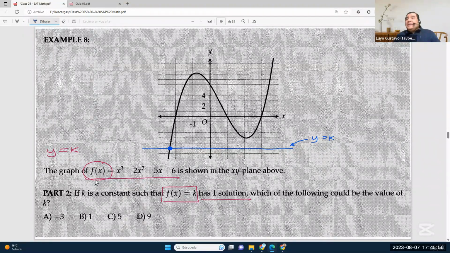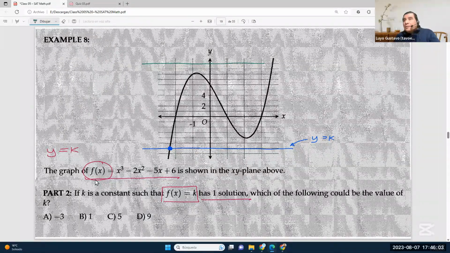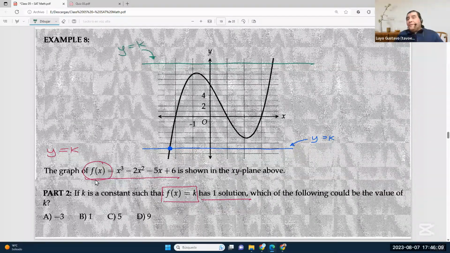Another possibility is, for example, here. This is another example of another line y equals k. When I solve the problem f of x equals k, this will also yield just one solution.